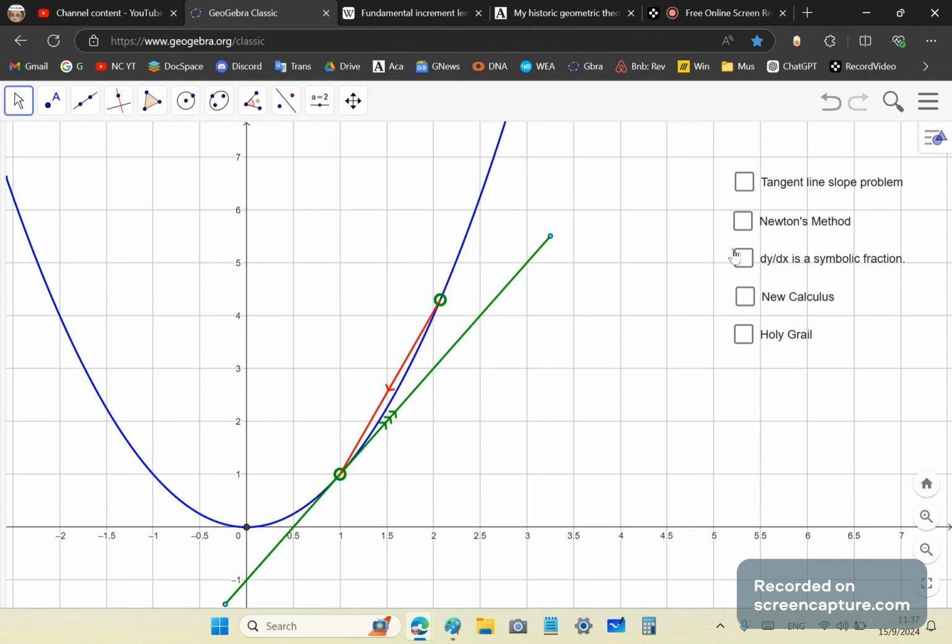So, what did Newton do? Well, he decided he was going to approximate this tangent line slope using the non-parallel secant line. Okay, this non-parallel secant line. That's what he did. So he figured that as long as he could just keep on bringing those 2 points closer together, then the slope would start becoming closer to the slope of the tangent line.